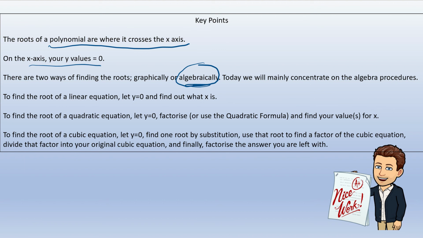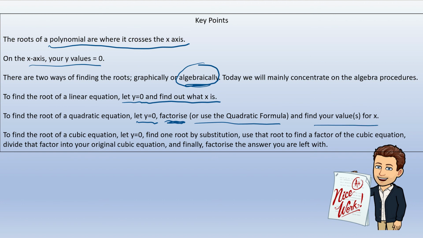To find the root of a linear equation, you let y equal 0, find out what x is, and that will give you a point where your graph crosses the x-axis. To find the root of a quadratic equation, let y equal 0, and you can factorize using your guide number method or use the quadratic formula, and find your values of x.